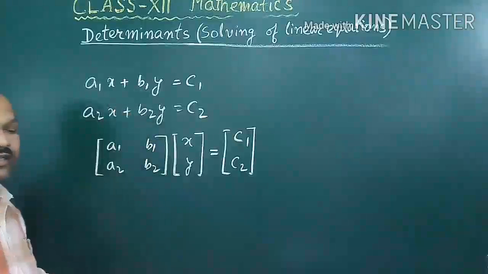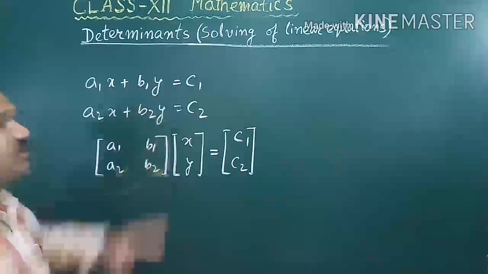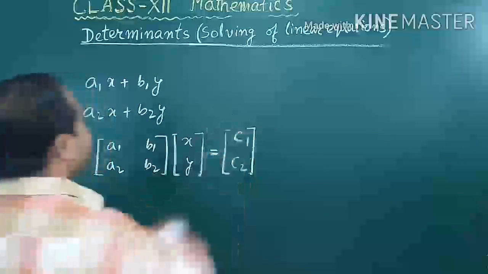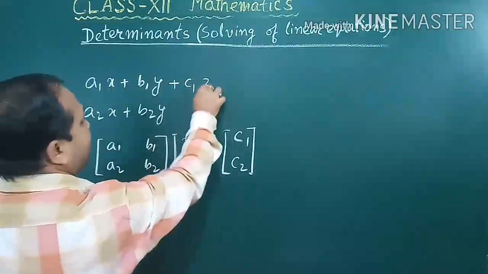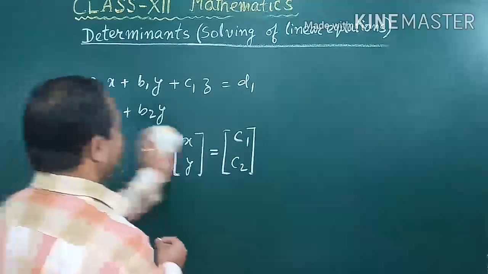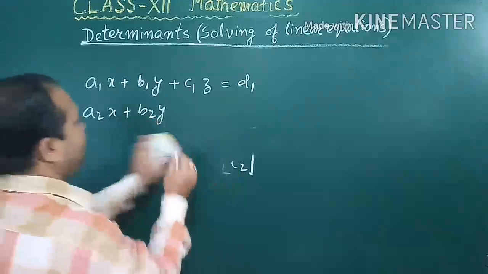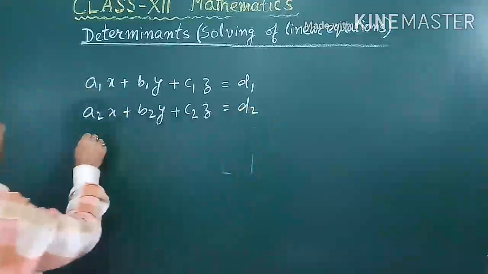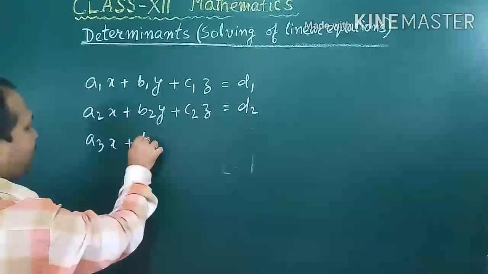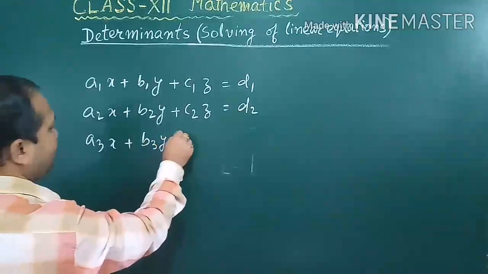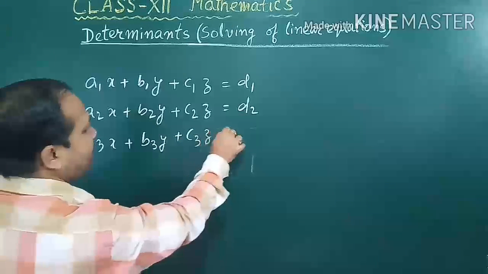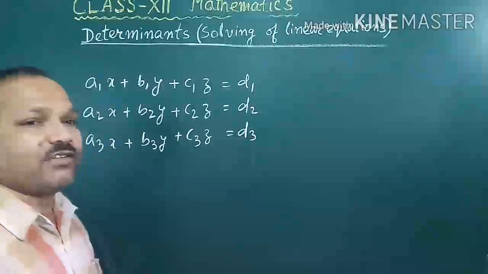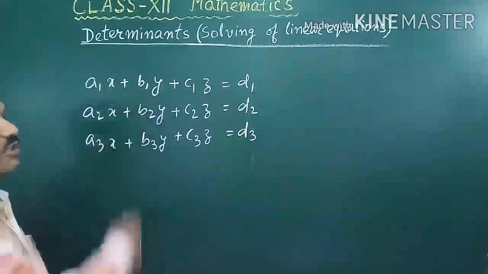If there is a system of three equations having three variables, a1x plus b1y plus c1z is equal to d1, a2x plus b2y plus c2z is equal to d2, and a3x plus b3y plus c3z is equal to d3, then how can we write? Here in class 10 we have not learned how to solve this type of equation.